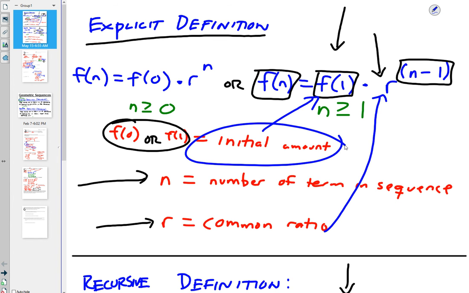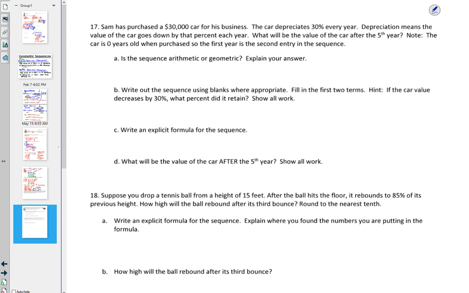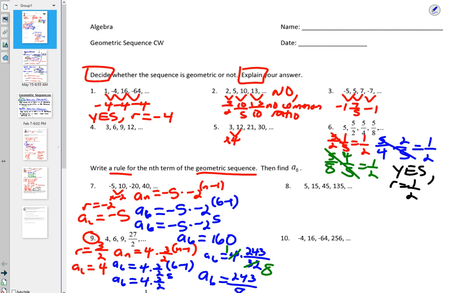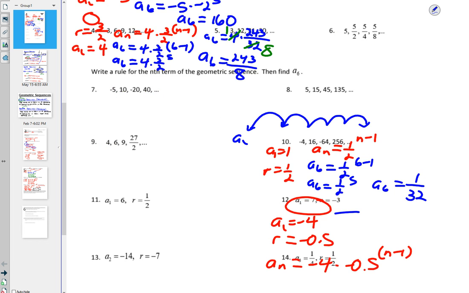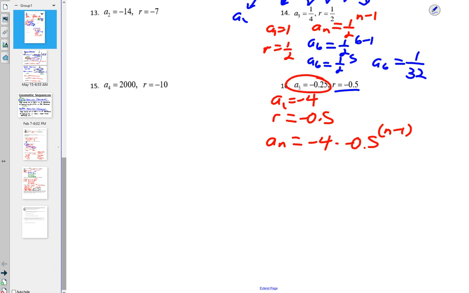I did not get the initial amount, because since I know how to read subscript notation, I can tell that they give me the fifth amount, so I have to go backwards to find the first amount.